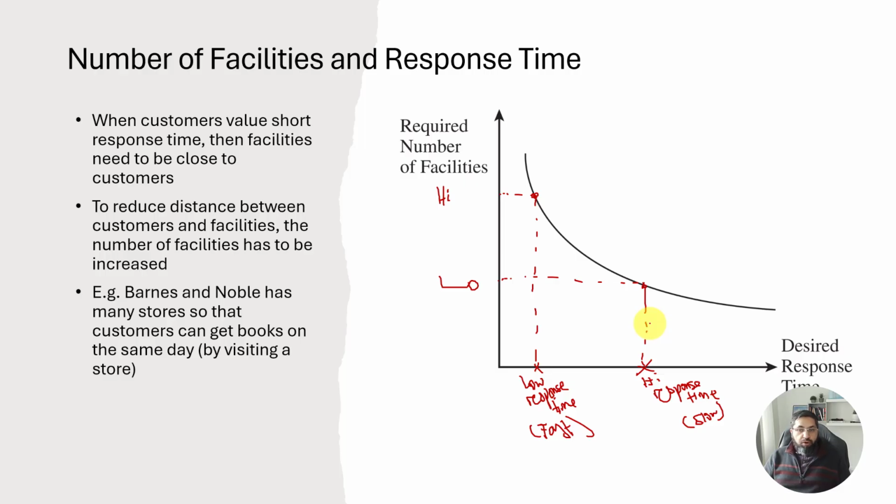So how was Barnes & Noble's store able to give you a faster response time than Amazon? By having a lot of retail stores that Amazon does not have. So it has a lot more facilities, number of facilities, that reduce the response time by being very close to the customer.